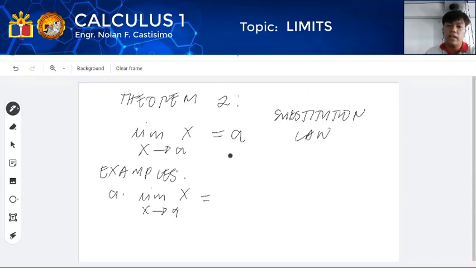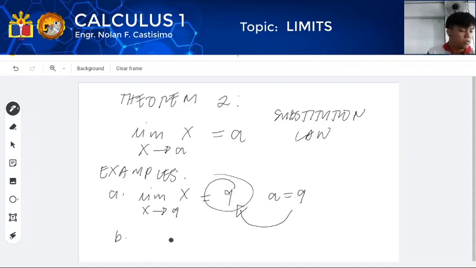So, kanina nakalagay dyan A. Ano ba yung value ng A natin dito? Value ng A natin is 9. Yan. So, A natin is equivalent to 9. So, ibig sabihin, 9 ang magiging sagot natin. Kaya naging 9 yan. Next, letter B.